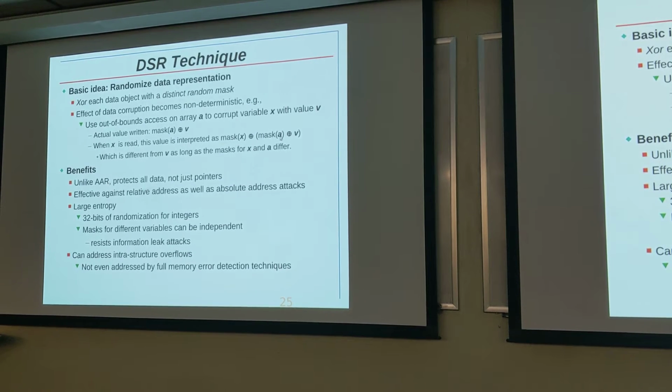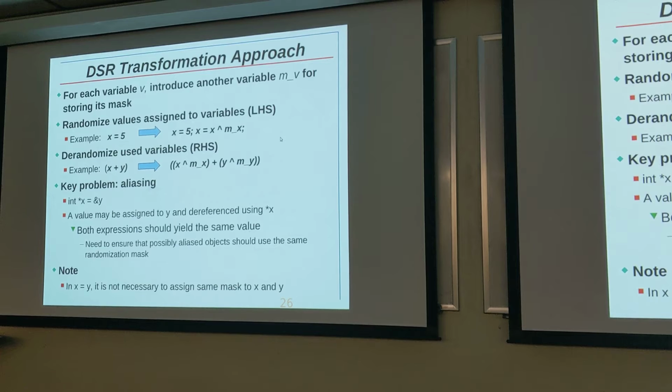So there are many benefits, but there are also problems. I'm not going to talk about the problems in much detail, but the main issue is aliasing, which means that two variables point to the same object. When that happens, it is legitimate to write using one variable name and read using the other. If you assign different masks to these two variable names, you will get junk and the program will break.